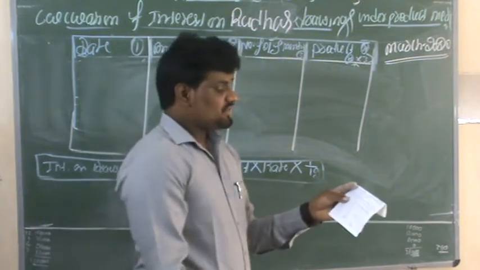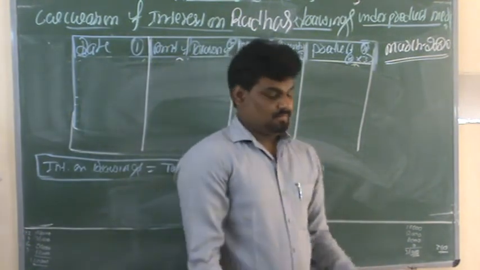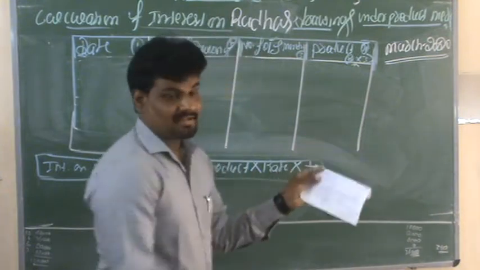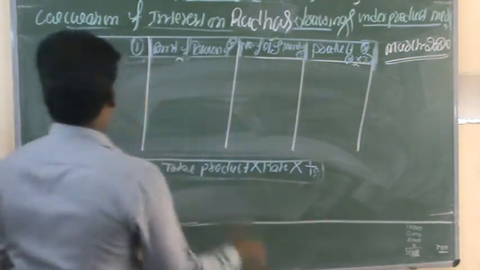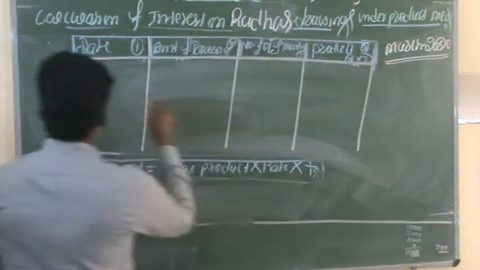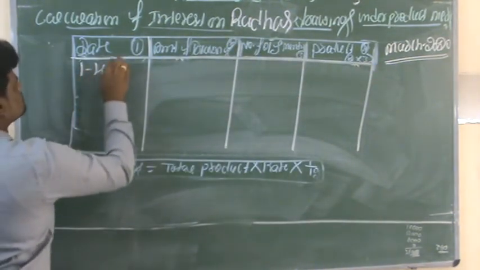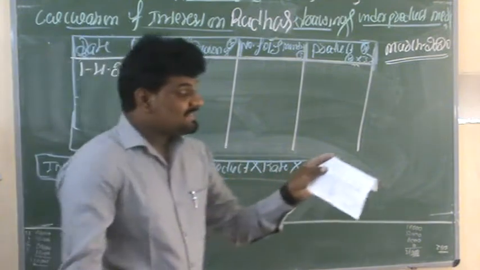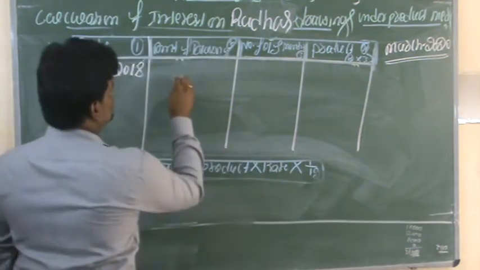So in this question they are withdrawing at different interval periods. First, on 1/4/2018, the amount is 5,000 rupees.